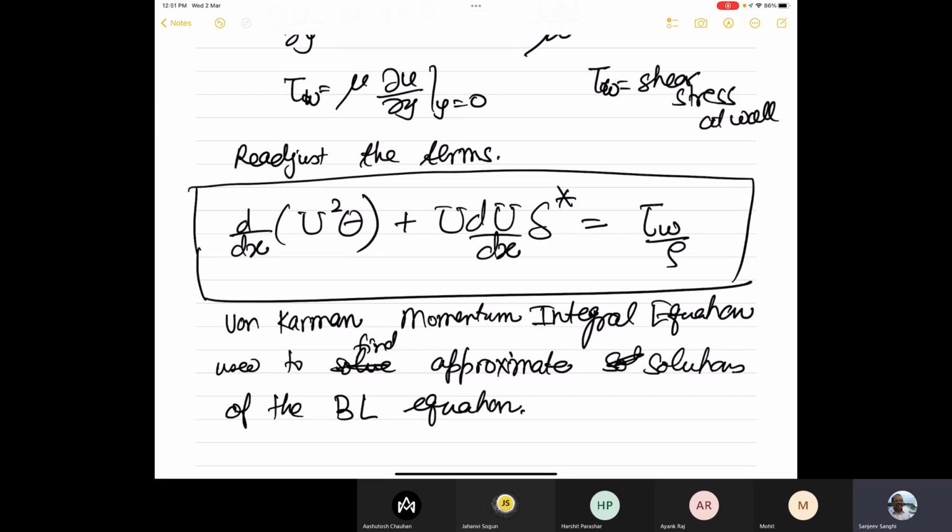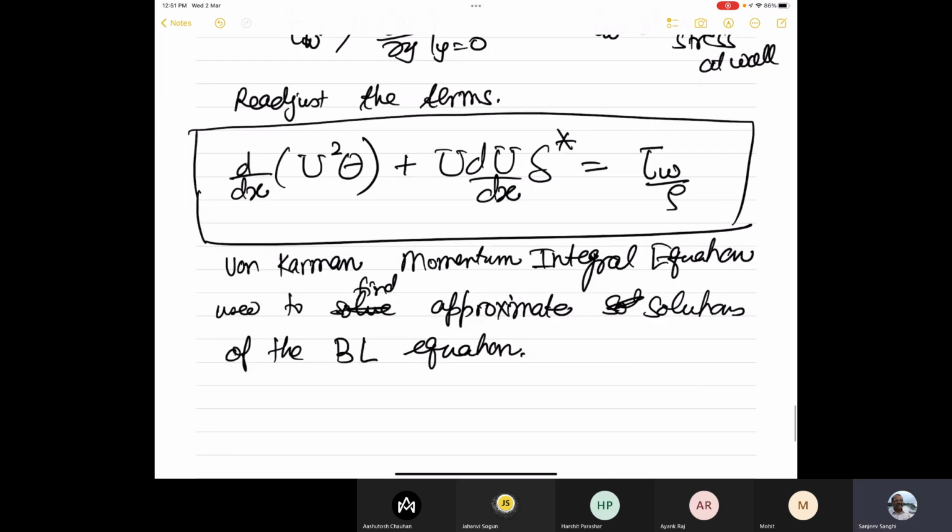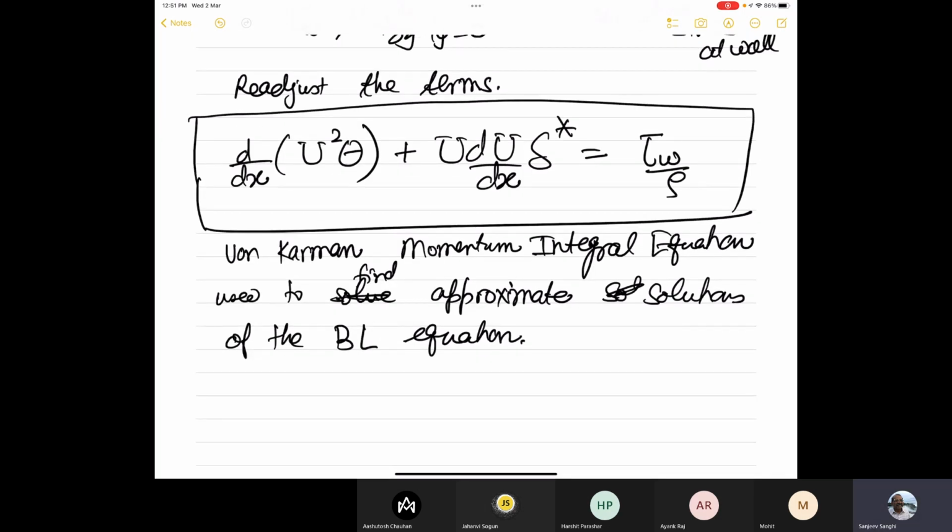Now probably in today's age, when we can solve these things numerically on the computer, it may not be something so important, but this was the way people were moving when we did not have computers.